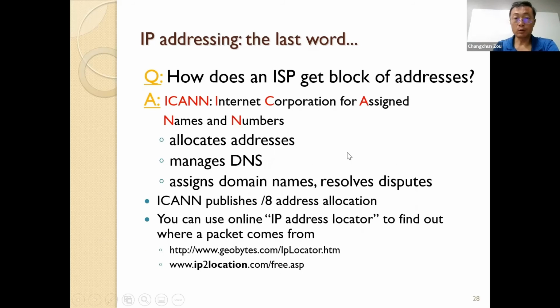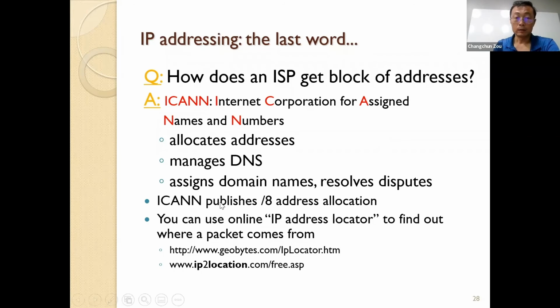And IP addressing is assigned by this Internet nonprofit organization, ICANN, and an ISP actually gets its block of the subnet from this organization. Like Bright House, like AT&T, they get a subnet from this international organization.